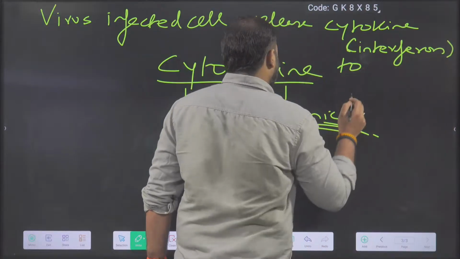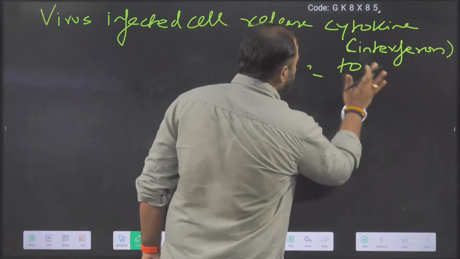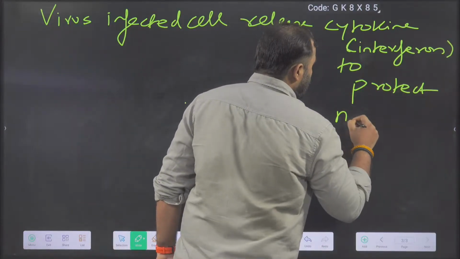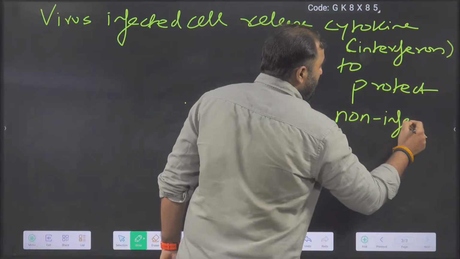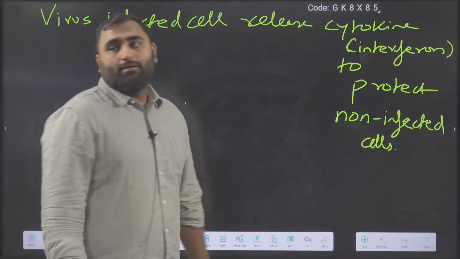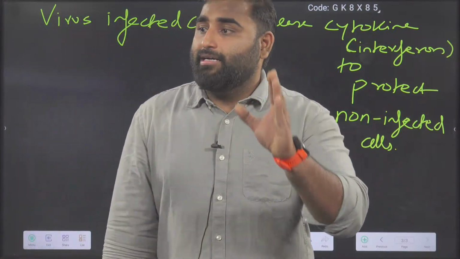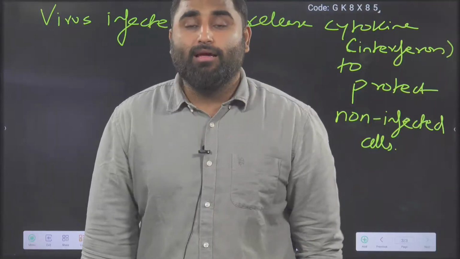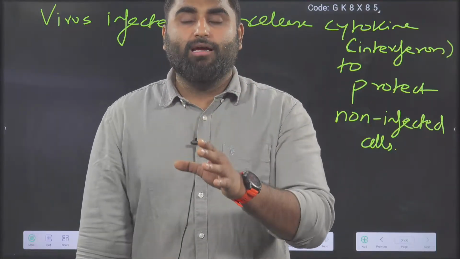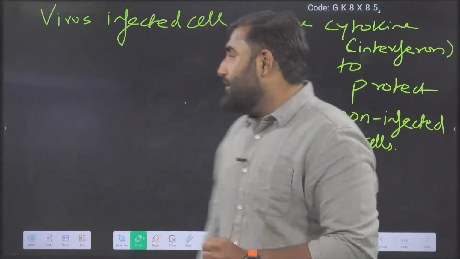To protect what? To protect non-infected cells. That is the meaning of interferon. Interferon is just one type of cytokine. There are many different types of cytokines present in our body which help to provide immunity. Are we clear with this, guys?